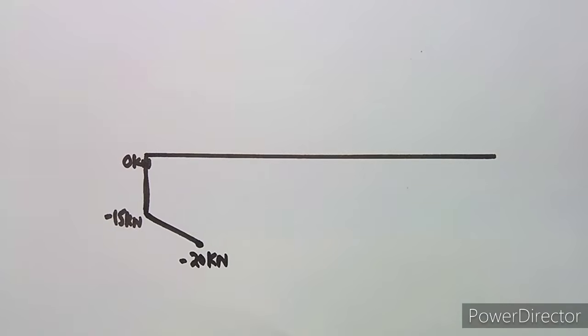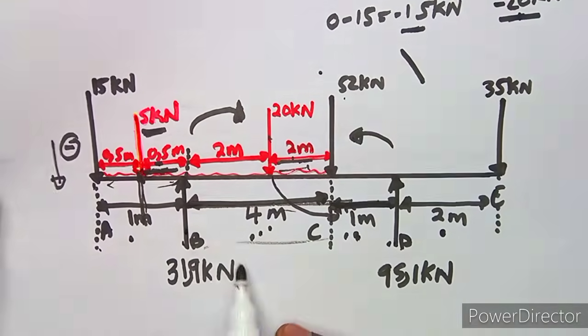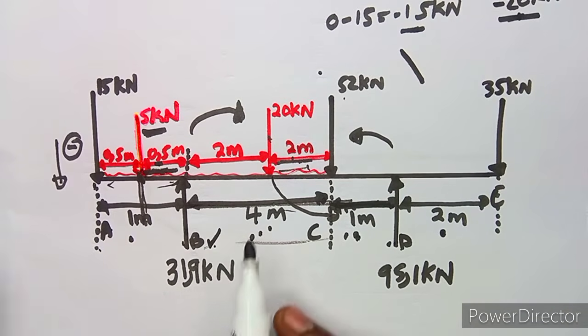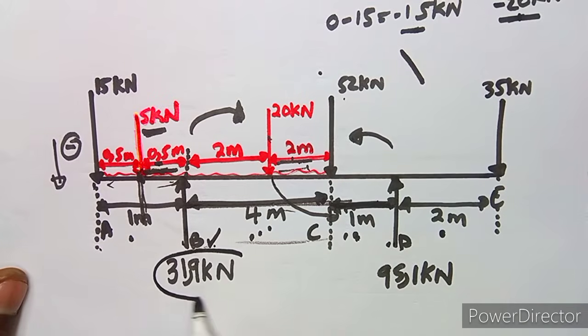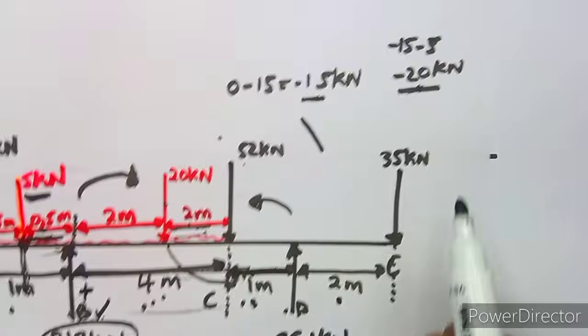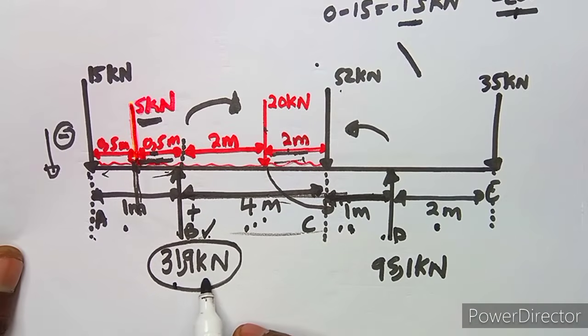All right. Then after we are at B now, at B, there is a support which is going upward direction. So we are going to add, because this one is an upward force, you add. So we are now at minus 20, then we add 31,9.